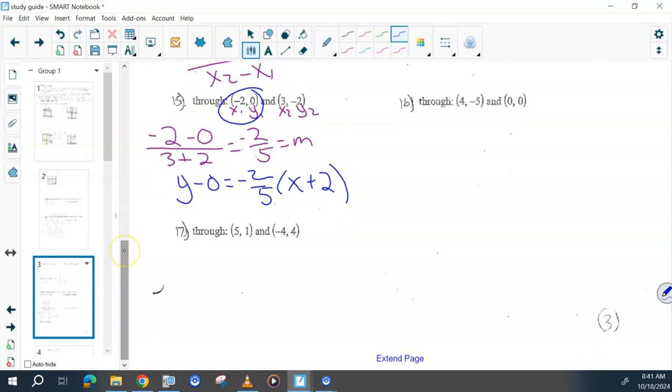And then, as I distribute, that's going to give me my answer, because this is just going to be y. Negative 2/5 x minus 4/5. Questions on that?